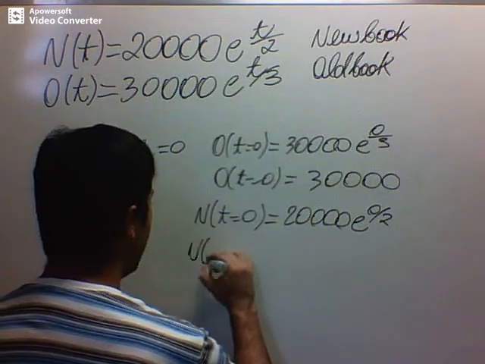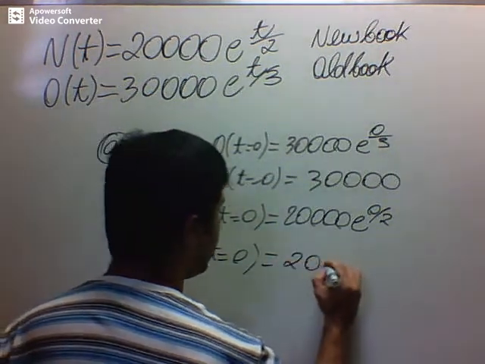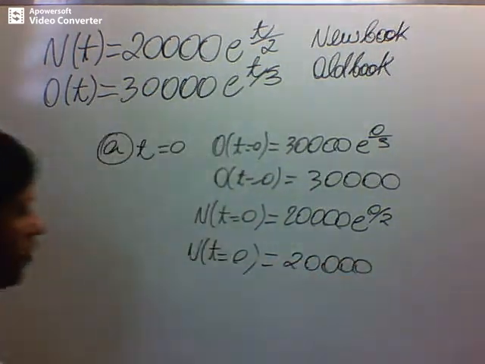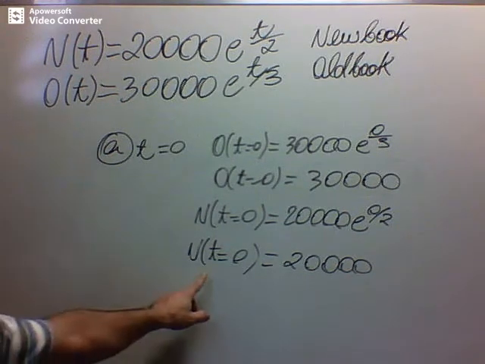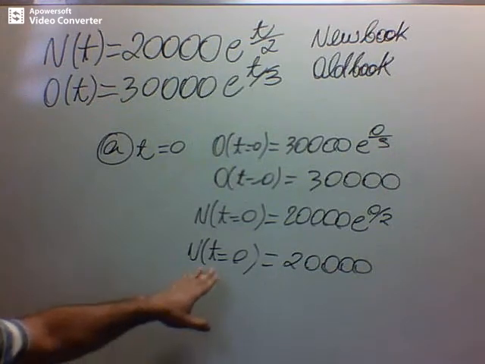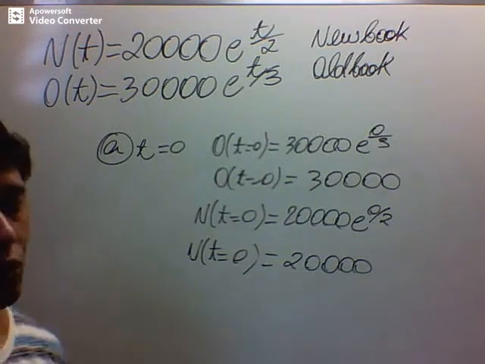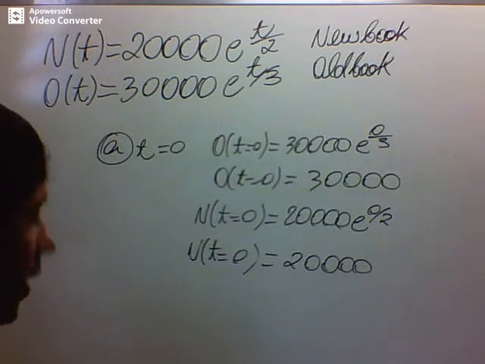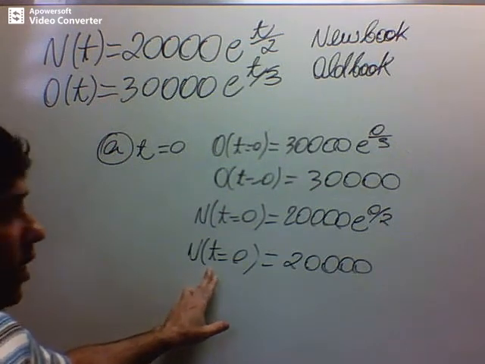So N of 0 is equal to 20,000. We then know that the value of the New Book platform at the time of its beginning is equal to 20,000. This is the first thing that we wanted to calculate.